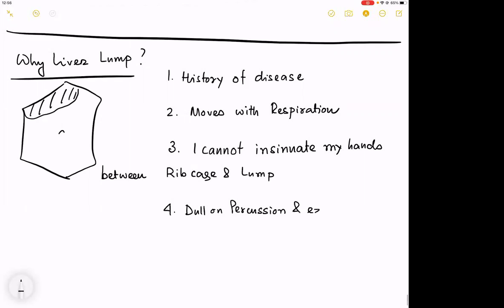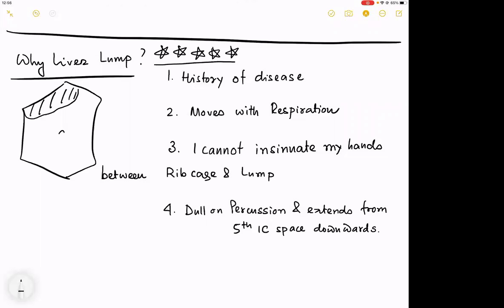This question is extremely important, so please give it a 5-star rating. This is for all students, you have to know this.